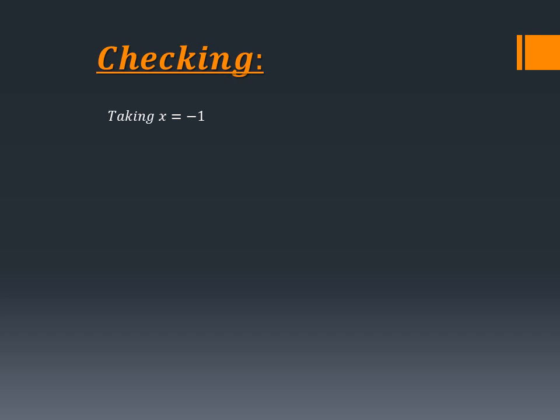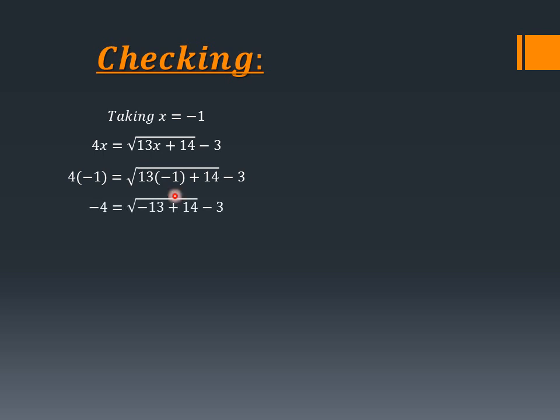So first of all, taking the first answer, which is minus 1, applying it in the equation, we will get 4 into minus 1 equals to root of 13 into minus 1 plus 14 minus 3. Multiplying minus 1 with all the digits, we will get minus 4 equals to under root minus 13 plus 14 minus 3.